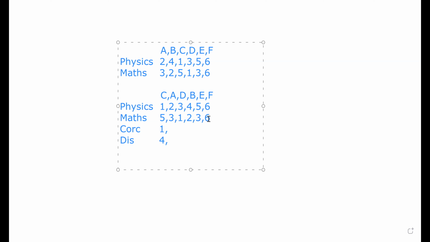Just see based on the students who are... How many are concordants? One. One. One. What about the discordant? Okay, then we'll put two. Two. You are not going to consider the equal ranks.